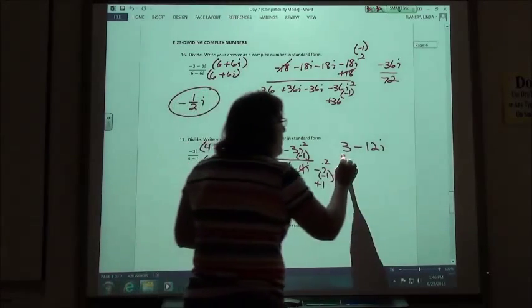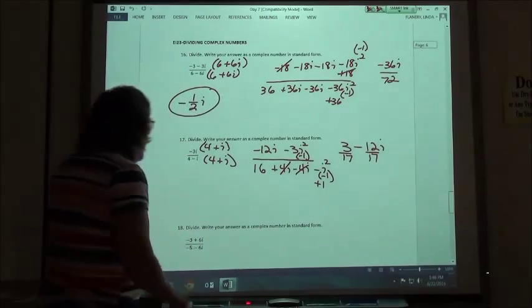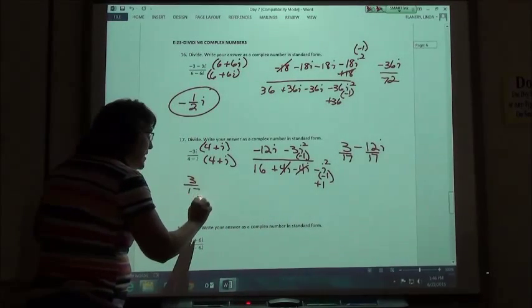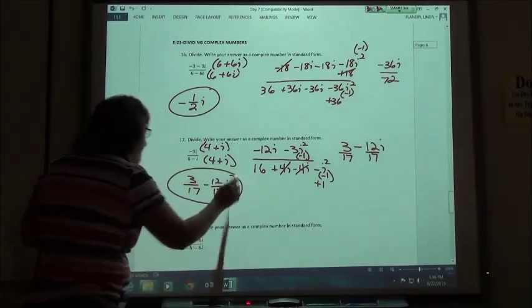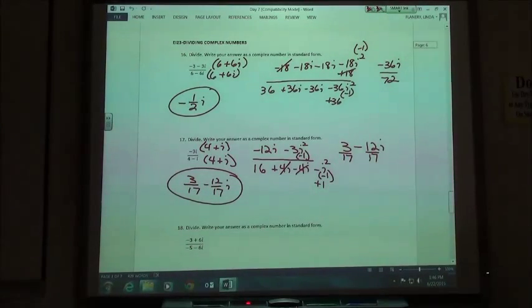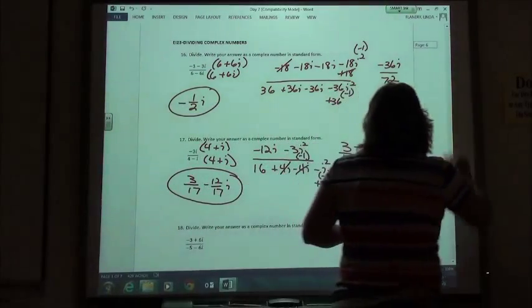So in standard form, they're just going to make these two separate fractions. And so I'm going to have 3/17 minus 12/17 i. And of course, if I could simplify my fractions, I would, but I couldn't, so I didn't.